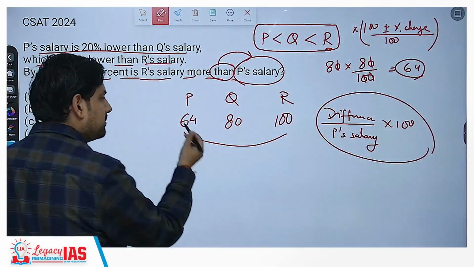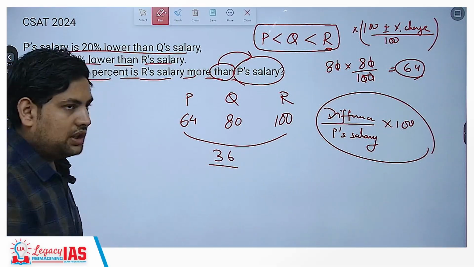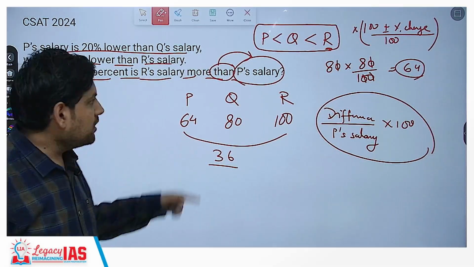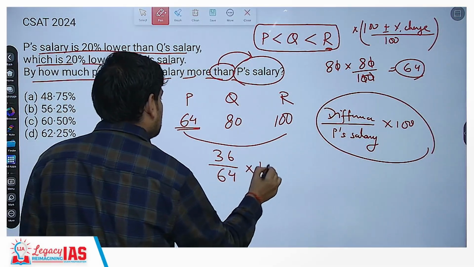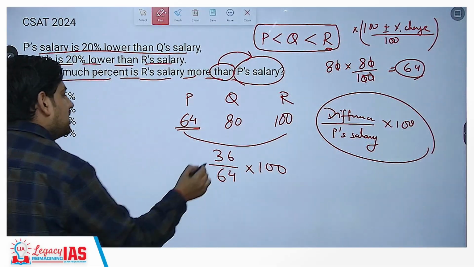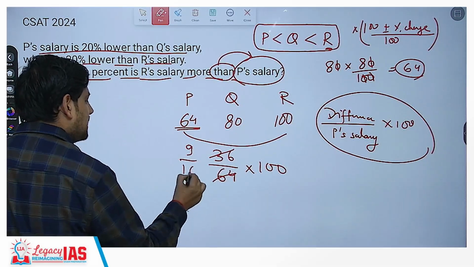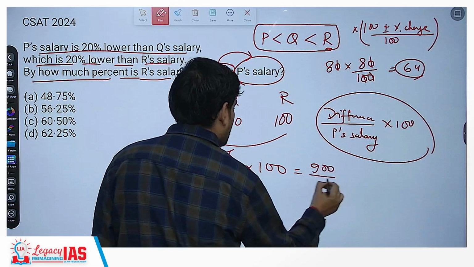Now, what is the difference between them? 100 and 64. The difference is 36. Upon what will you take? You will take P's salary, that is 64, into 100. How many times will this go? This goes 9 times by 4 and this goes 16 times by 4. So what you get is 900 by 16.